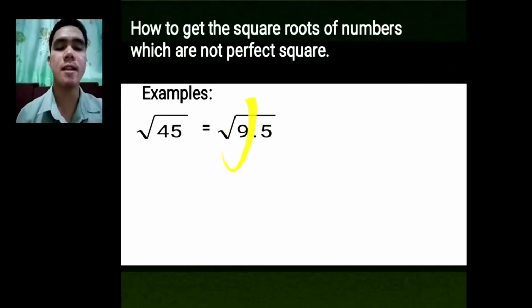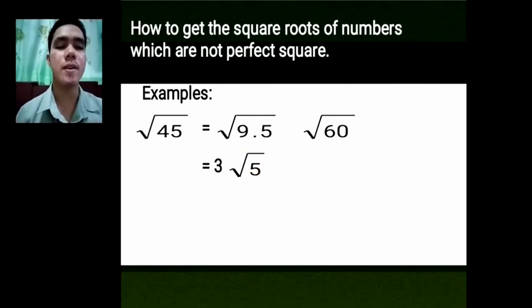Therefore, just get the square root of 9. We have 3, then multiply it by the non-perfect square with the radical symbol. So that is 3 times the square root of 5, or we can read this as 3 square root of 5.